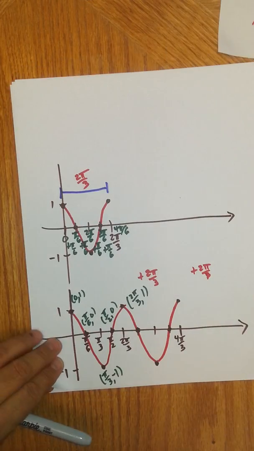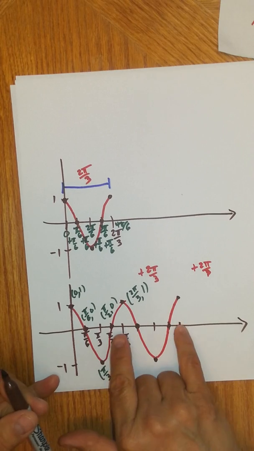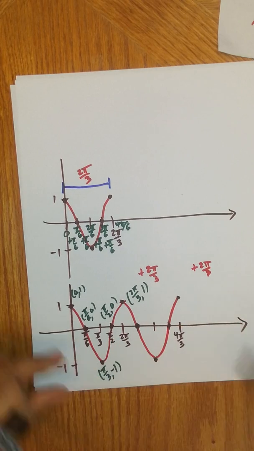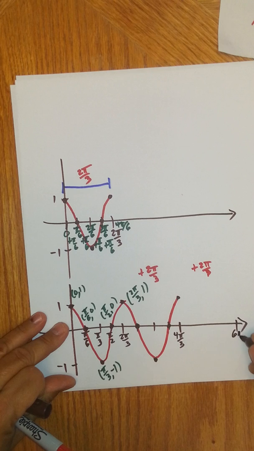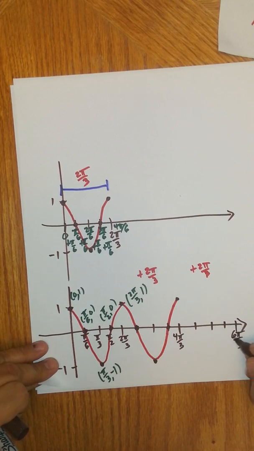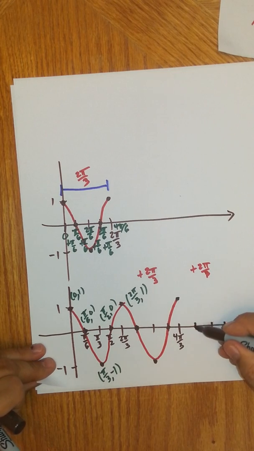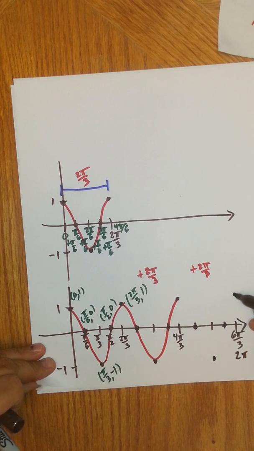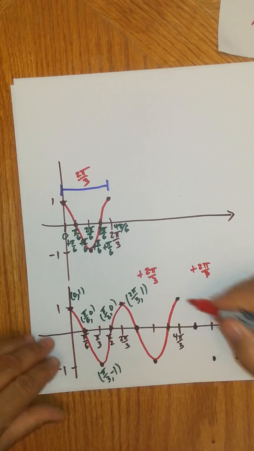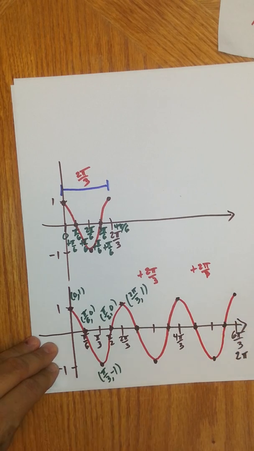Okay, so over here, I would try to guesstimate it pretty nicely, about here. So I'd say this is about 6 pi over 3. Divide that into fourths, and really I probably want to say 2 pi. Right? And then I start at a max, go down to the axis, go to the min, go back to the axis, and go ahead and fill that in.